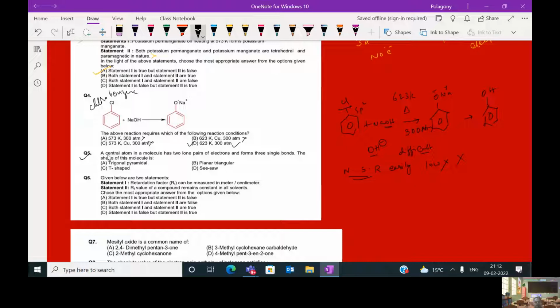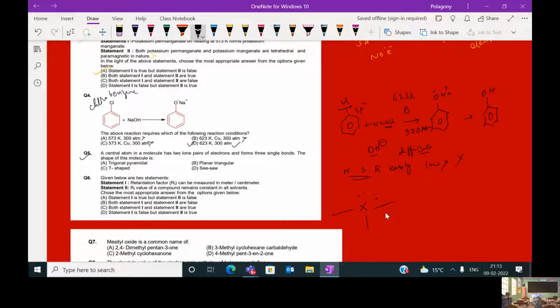And the fifth question: a central atom in a molecule has two lone pairs of electrons and forms three single bonds. The shape of the molecule is: trigonal pyramidal, planar triangle, T-shaped, or seesaw. The central atom has two lone pairs of electrons and forms three single covalent bonds.